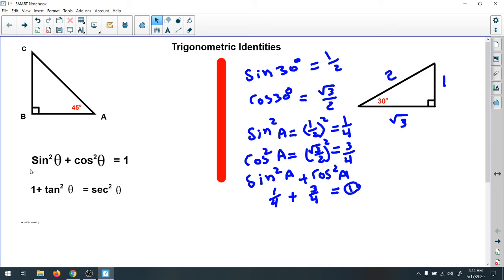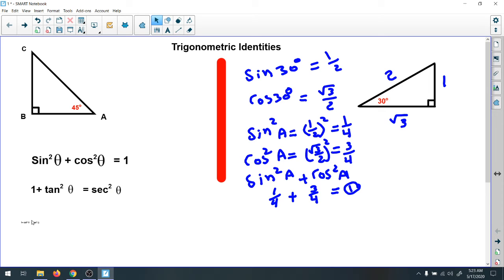So sine squared divided by cosine squared equals sine divided by cosine, I hear you, tangent squared. And cosine squared divided by cosine squared equals 1. And the right side, 1 divided by cosine squared. What's 1 over cosine squared? Reciprocal of cosine squared equals secant squared.